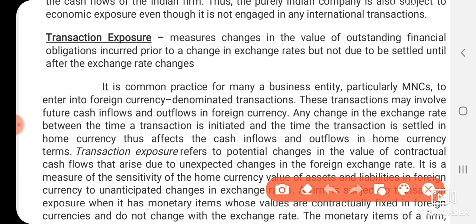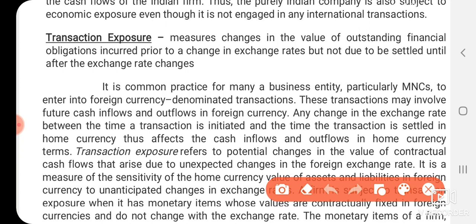Here the risk that foreign exchange rate changes will adversely affect cross currency transactions. Cross currency transactions mean foreign currency transactions before they are settled. This occurs not only in developed countries, it also shows its impact on developing countries.